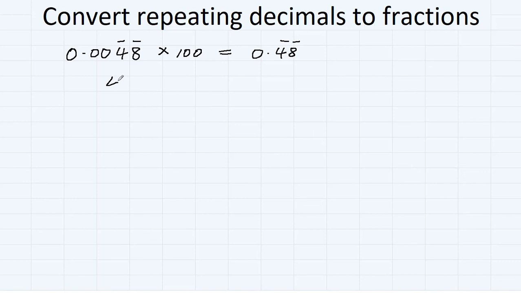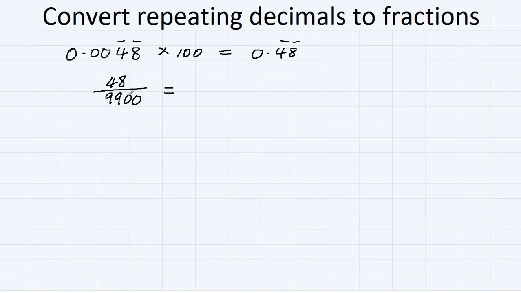Okay, this becomes 48 over 99. But before we go any further here, we know that this is 100 too big because we've multiplied by 100 here. So to correct for that, we're now going to divide this by 100. And to do that, we're going to add on 2 zeros here. Now we can simplify.